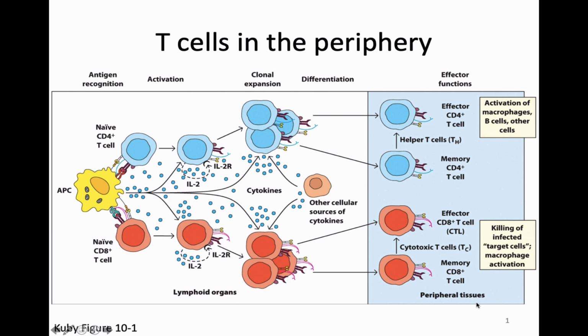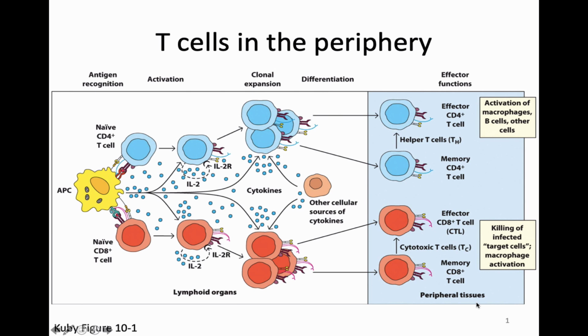At this point in the semester, we've been talking about T cell responses in the periphery. We've seen how T cells are activated and do signal transduction through their T cell receptor, as well as signal 2 and some cytokine signaling. We've seen IL-2's role in that activation and in clonal expansion.